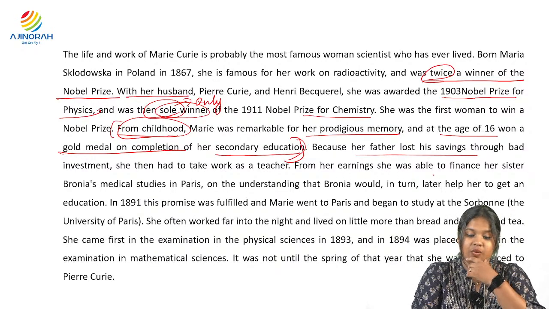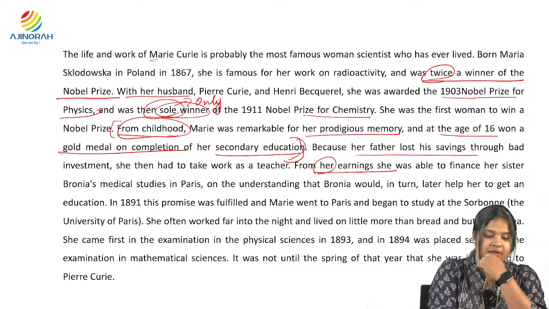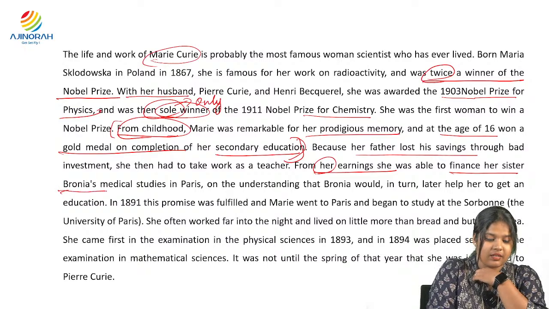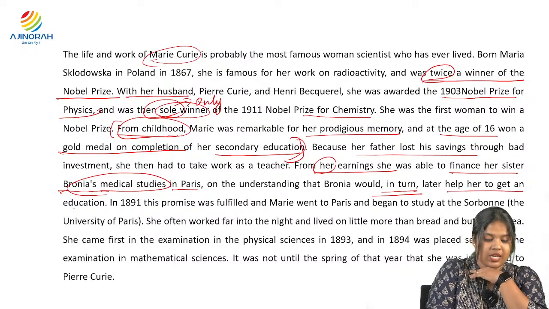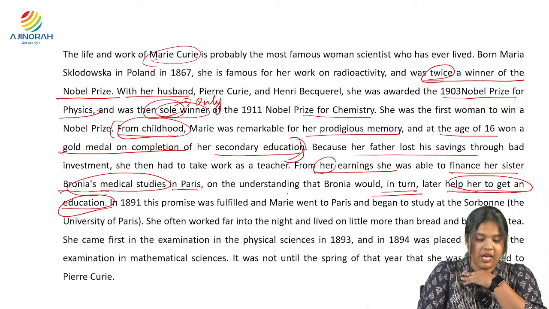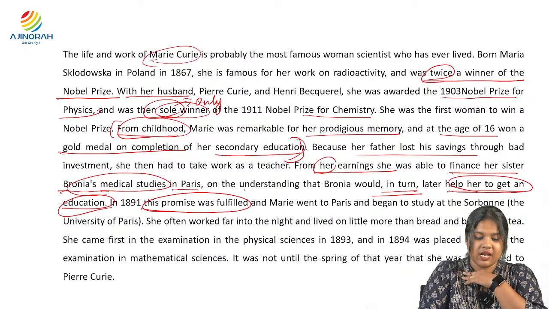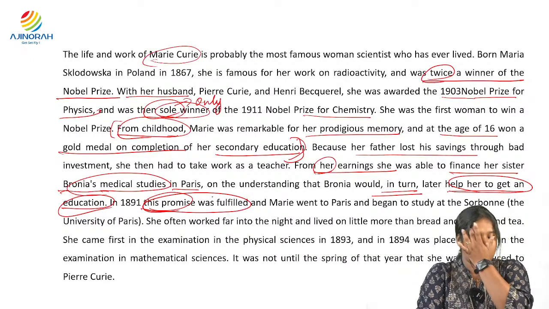From her earnings, she was able to finance her sister's medical studies in Paris, on the understanding that her sister Bronia would in turn later help her to get an education. In 1851, this promise was fulfilled. Which promise? The promise that Bronia would in turn help her to get an education. So the promise was to help Mary get educated.